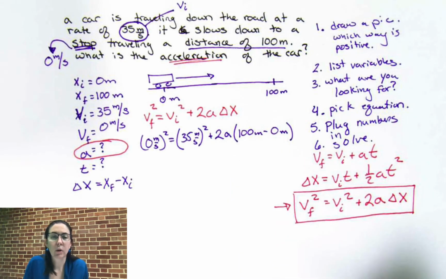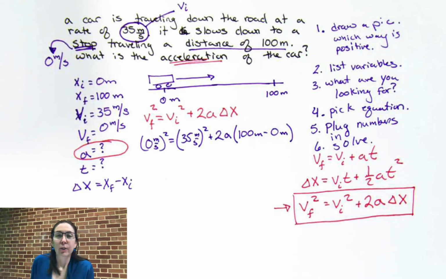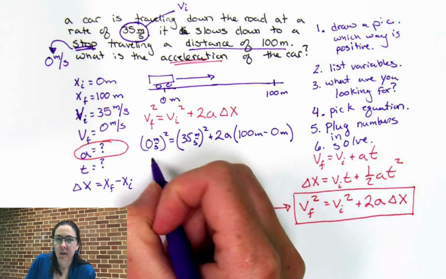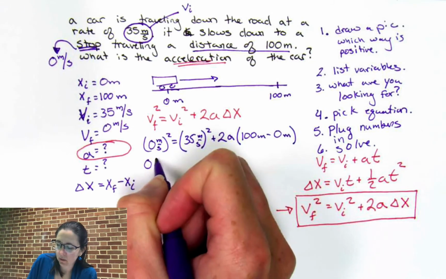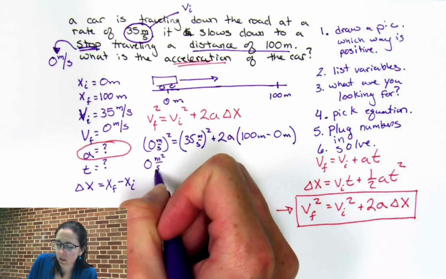Most of the time, this is where I'll have you stop. I'm going to go ahead and plug this in and see what we come out with. Units do weird things when you do math with them. So this is going to be 0 squared is 0, but you're going to end up with meters squared over second squared.